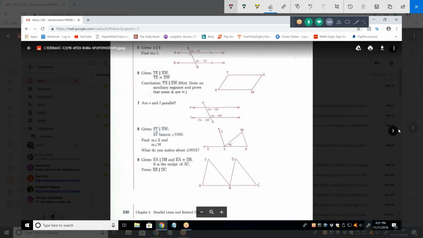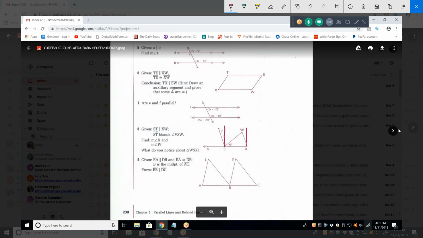Notice how you can figure out. I worked on this for about 15 minutes trying to solve it, thinking that TS bisected that line. I finally realized that you couldn't solve it that way, because I can change the angle that TS hits. And if I change that angle, I got to change that angle.